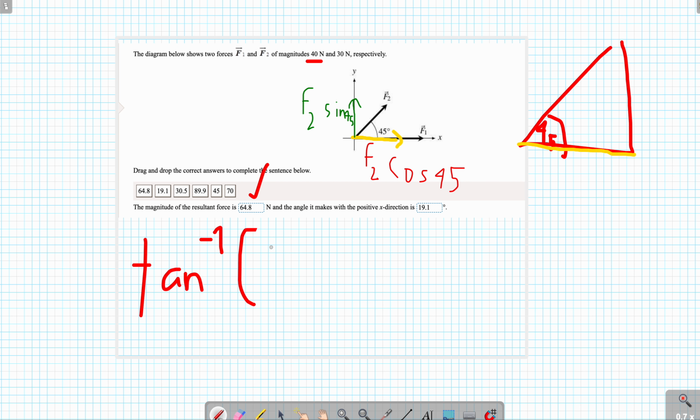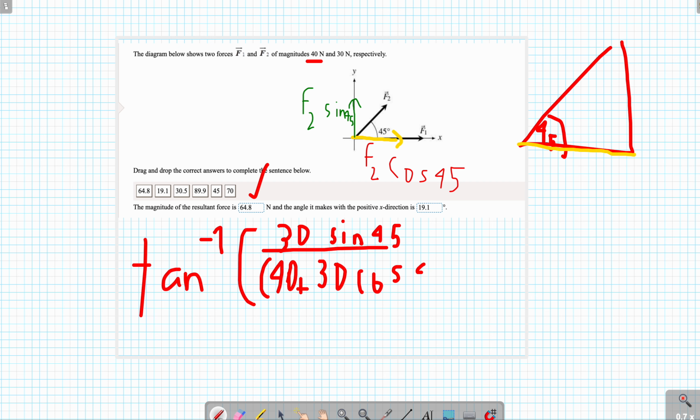So tan inverse of F2 sine 45, with F2 substituted by 30, so 30 sine 45 over 40 plus 30 cosine 45, and you'll get 19.1.